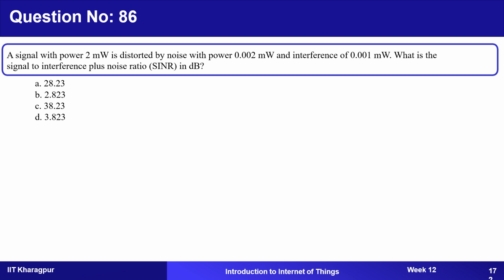Options are... Answer B. Okay, so calculate signal to interference plus noise ratio actually.